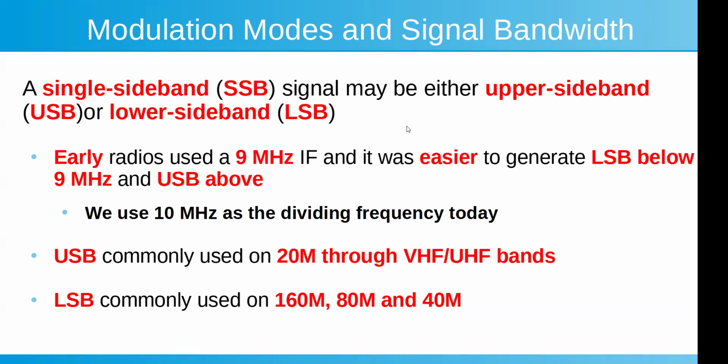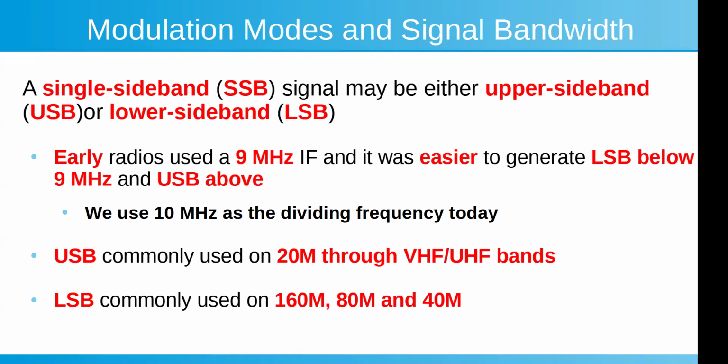We talked about single sideband and the fact that it's one of the sidebands, and you can choose upper or lower sideband. There's nothing that says you have to follow the rules, but below 10 megahertz, typically you use lower sideband, and above you use upper sideband. It's kind of a convention.